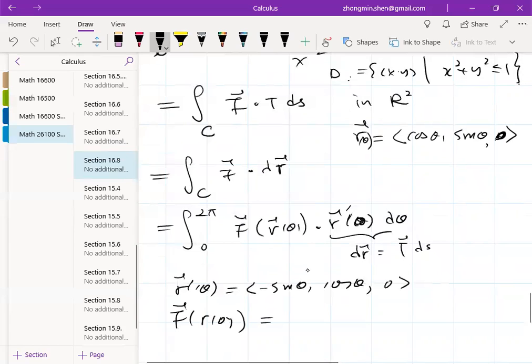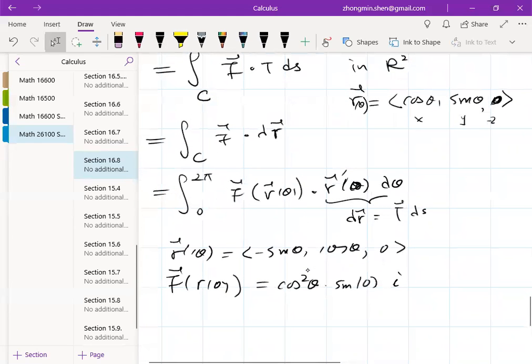In that case, x is cosine theta, y is sine theta, z is 0. So it's going to be cosine squared theta times sine 0 i, just plugging x, y, z into the formula, plus y squared, sine squared theta j, plus x times y, cosine theta sine theta k.